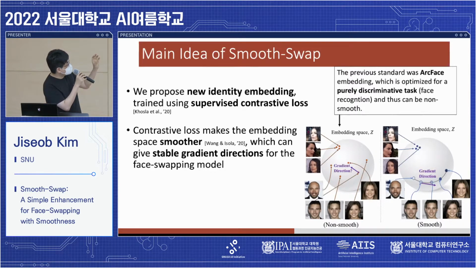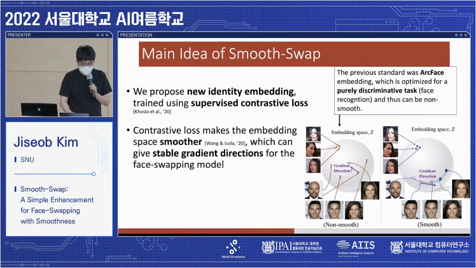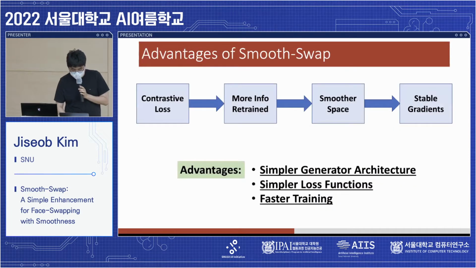So you can classify the identities, but the space can be highly non-smooth, so that the gradients cannot be defined in between the identities. But on the other hand, if we make the embedding space smoother, then we can easily get stable identity gradients. So that is the main idea.